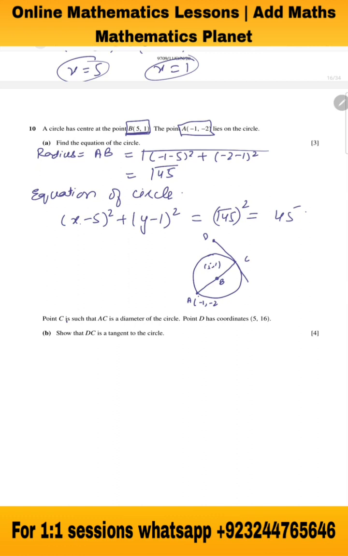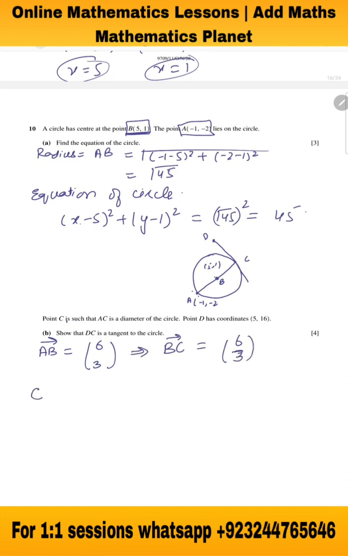So the coordinates of AB would be 6, 3, then the coordinates of BC are also 6, 3.